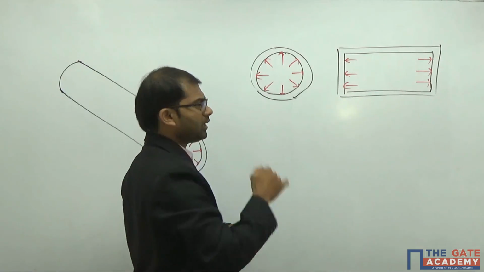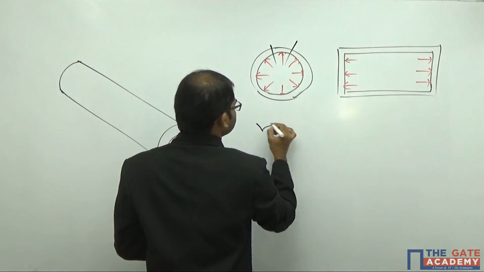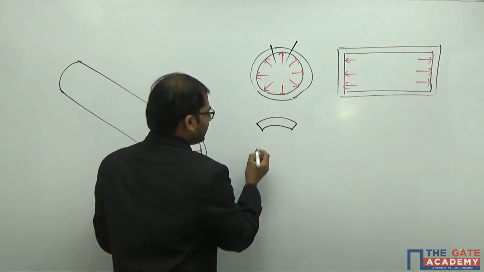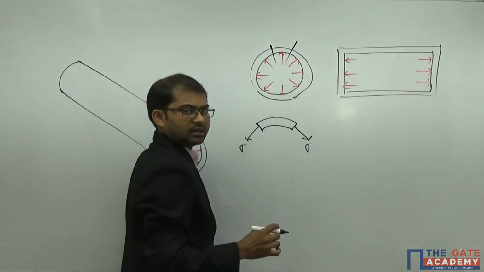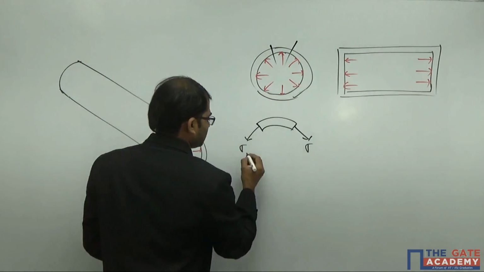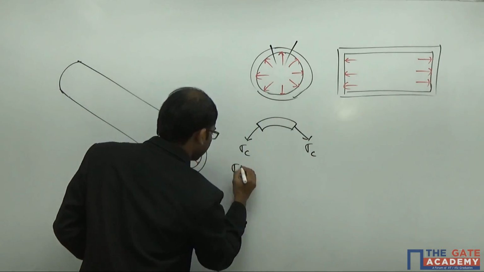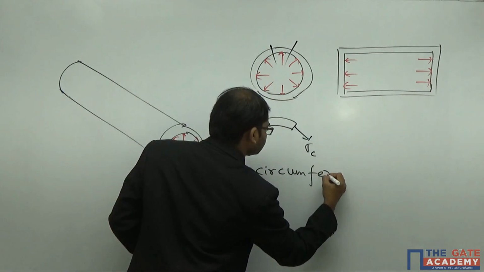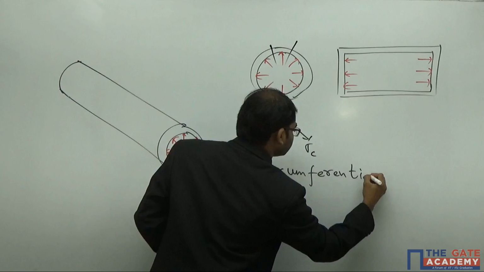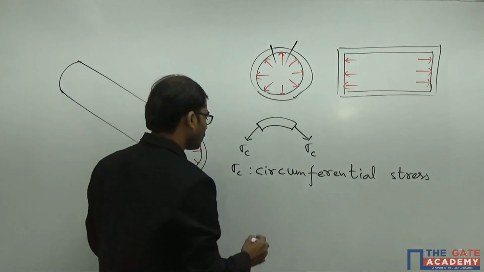If you take a small element along the circumference, you see that it is experiencing some tensile stress, so we denote it by sigma, and since the stress is along the circumference, we denote it by C. So we call this sigma C the circumferential stress. It's also called hoop stress.